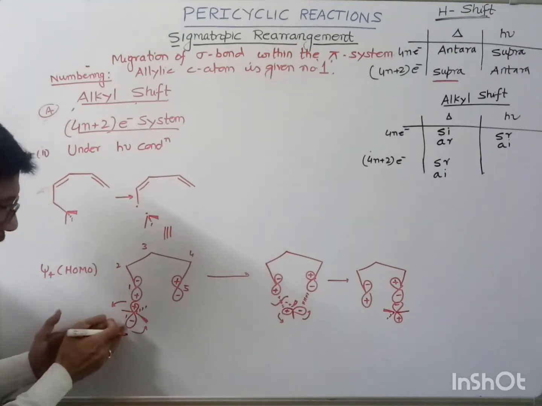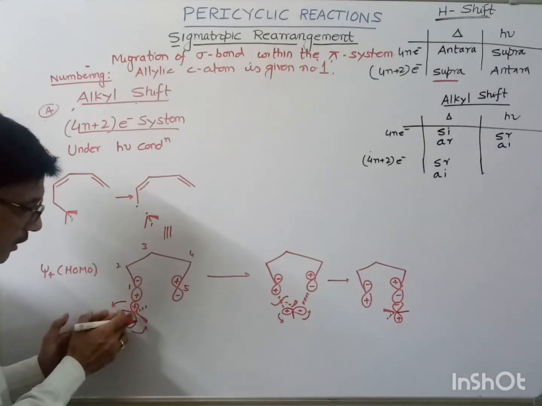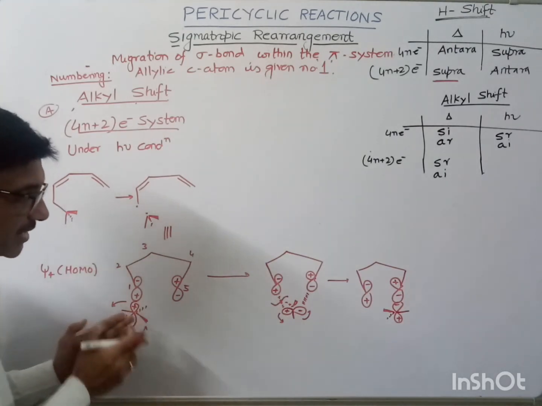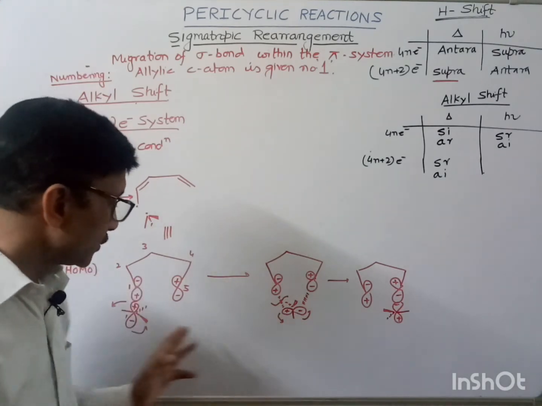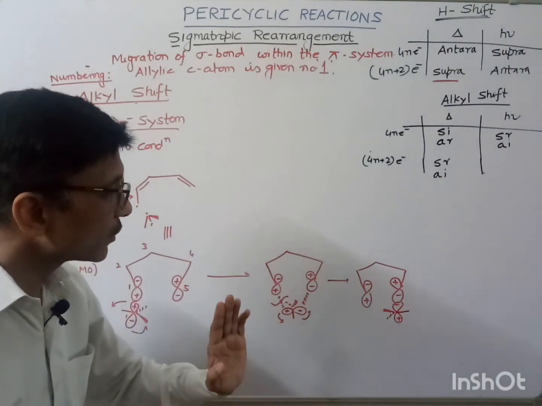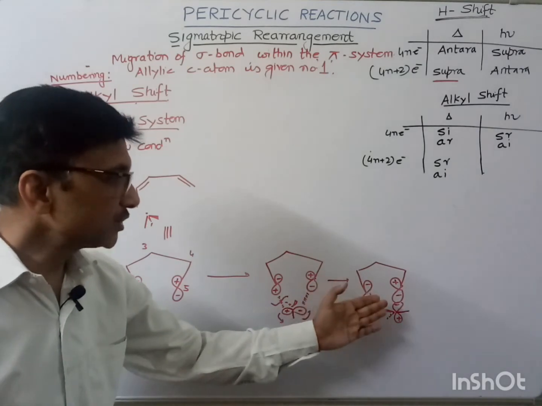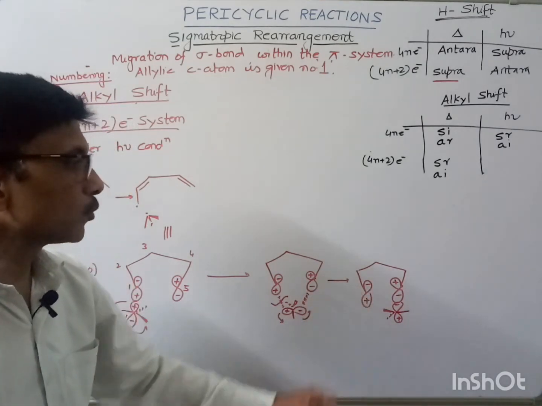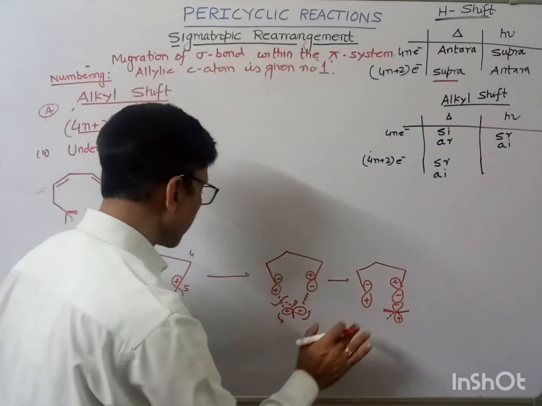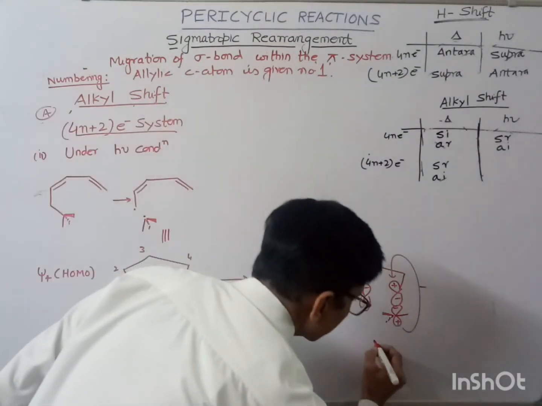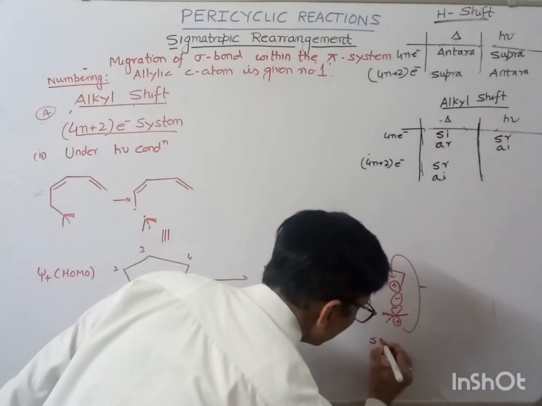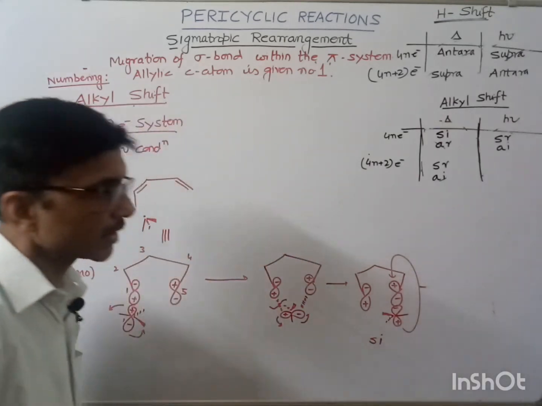So what you are seeing now is that the stereochemistry of this alkyl group has changed over here, though the interaction is a suprafacial interaction from the same side. Therefore the interaction is suprafacial with inversion of configuration.